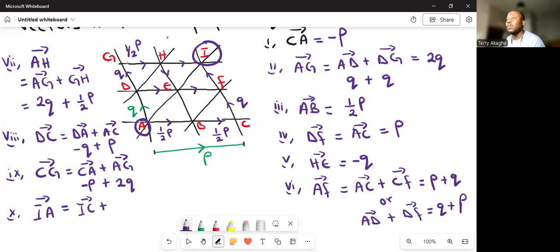Then I move from C to A. So I to C, remember, because I to C is parallel to G to H, G to A, it's going to be minus 2Q, plus, then C to A is going to be minus P. Are you seeing it? Because AC is P, CA is going to be minus P. All right? Okay, so let's pick maybe two more.